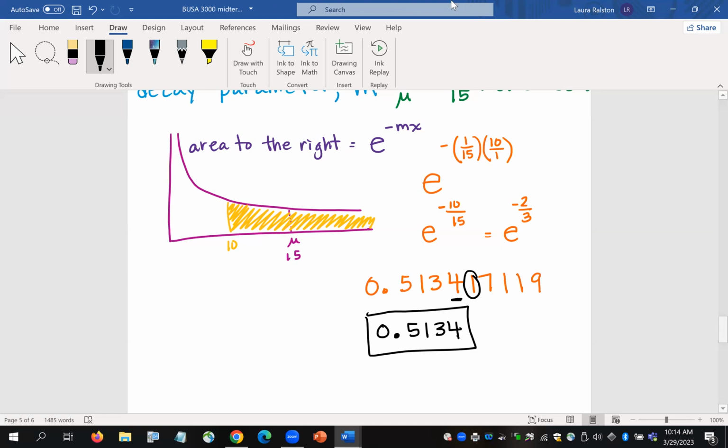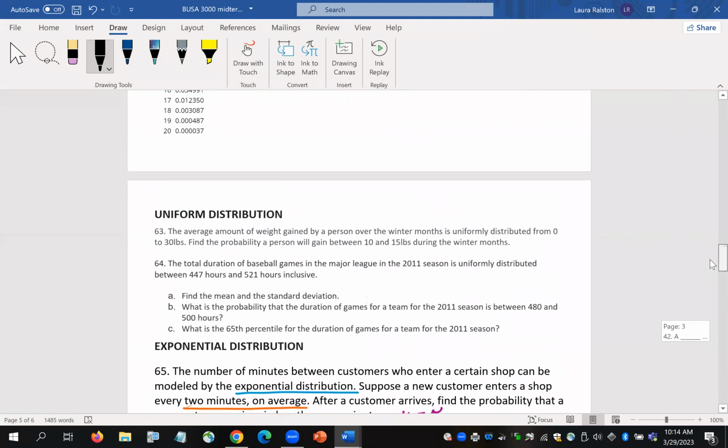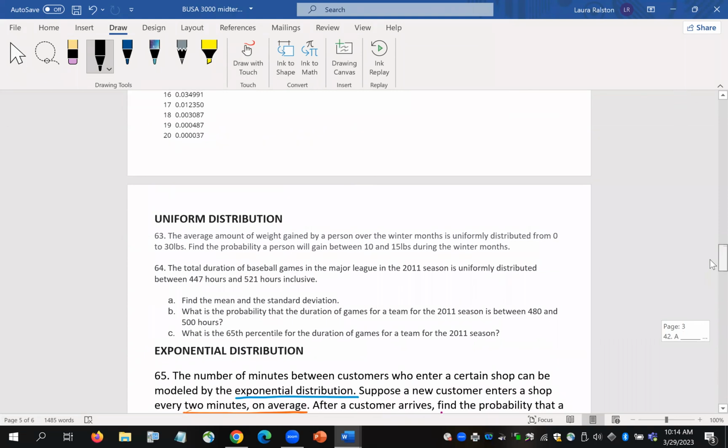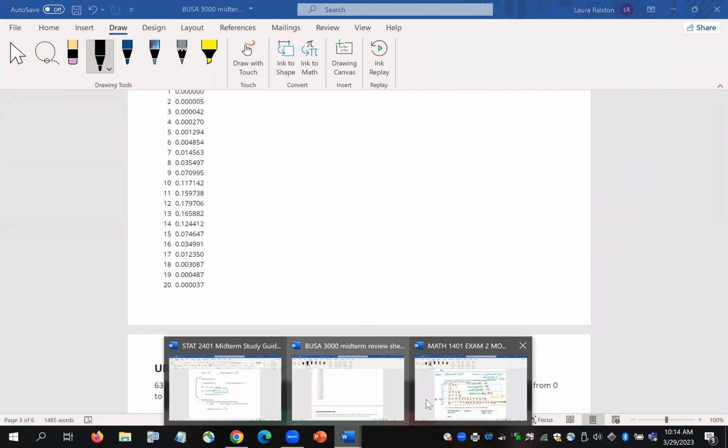Other questions related to the review sheet or any of the content on the midterm? Can you go over that chart that had the at most, at least?